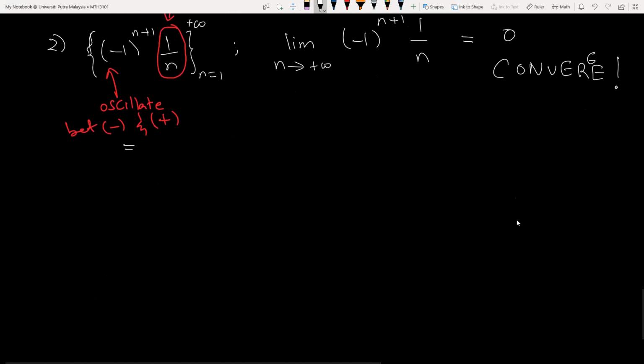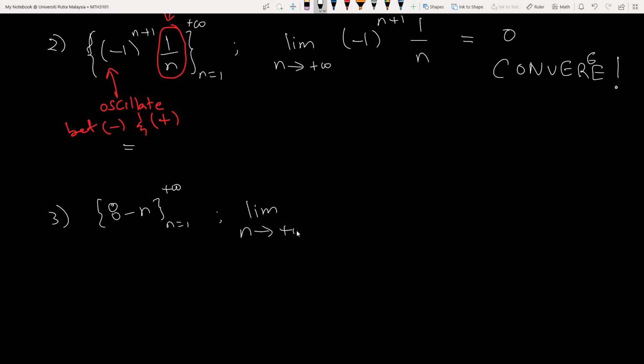Now, if you don't have a convergent sequence, it will diverge. So if I have the sum of 8 minus n, n equals 1 to positive infinity, and you take the limit as n goes to positive infinity of 8 minus n, this goes in the other direction, to negative infinity.